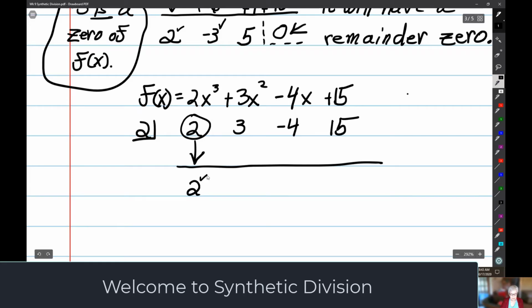And then I take that first number and I multiply by 2. 2 times 2 is 4. 3 plus 4 is 7. 7 times 2 is 14. -4 plus 14 is +10. 10 times 2 is 20. And 15 plus 20 is 35.